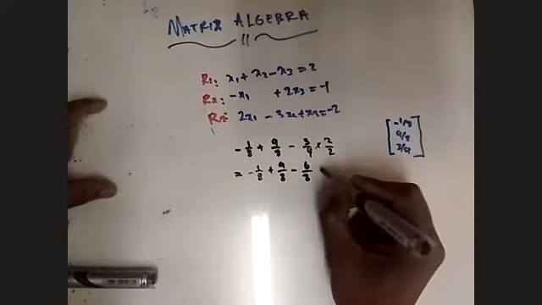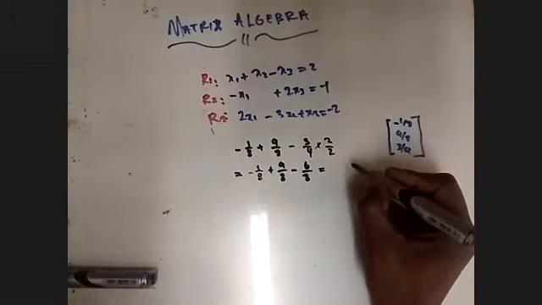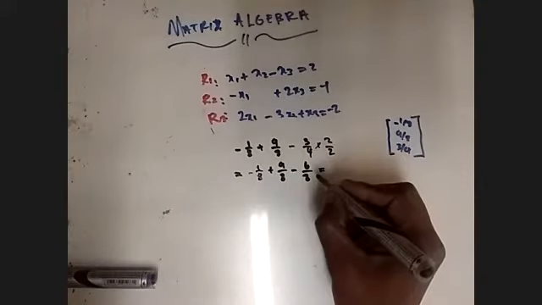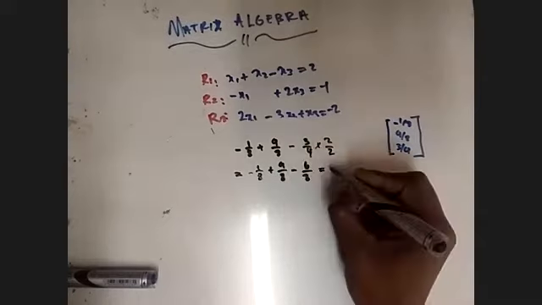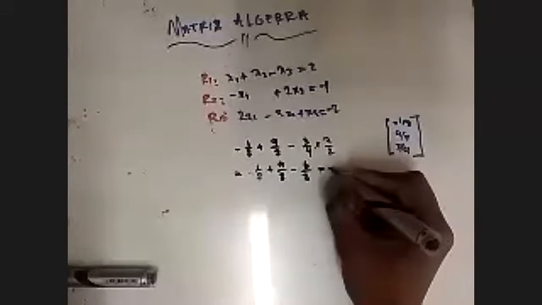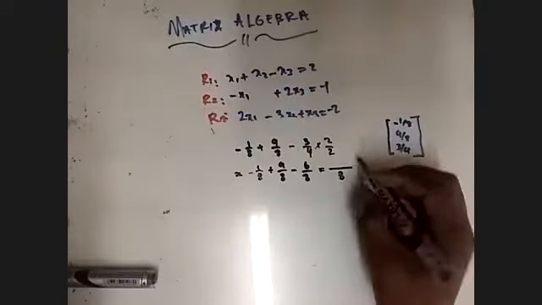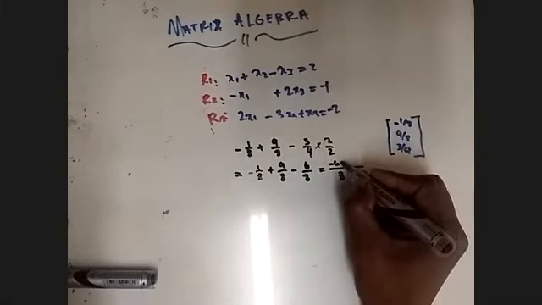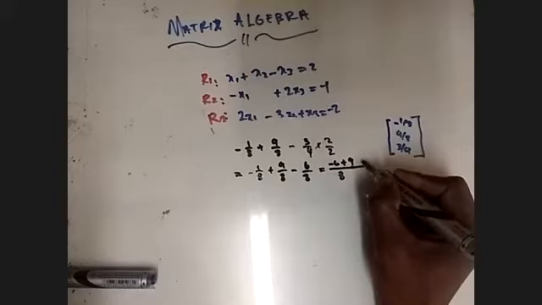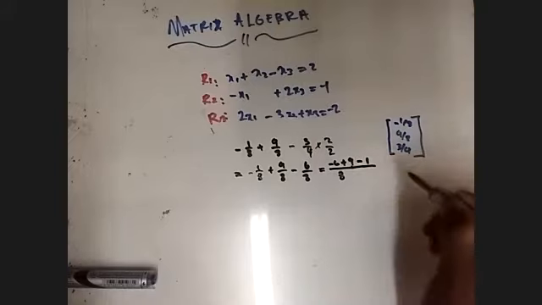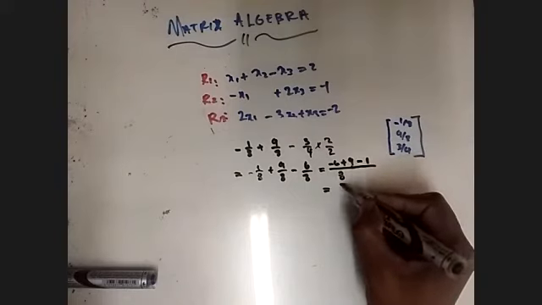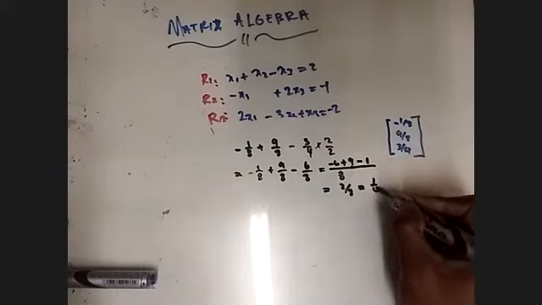Okay, so this plus that becomes 8. So negative 9 minus 1, okay, comes 2/8, which is 1/4.